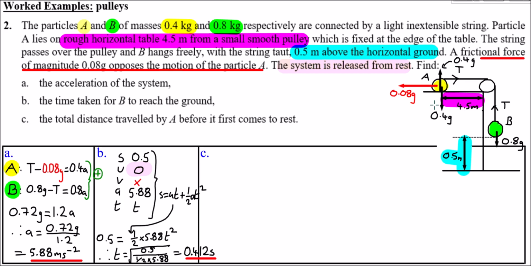Okay, so what we need to do here is think of it like this.